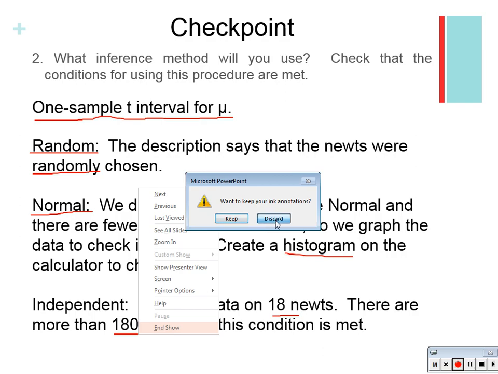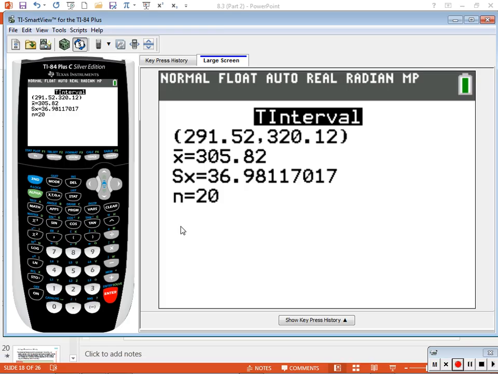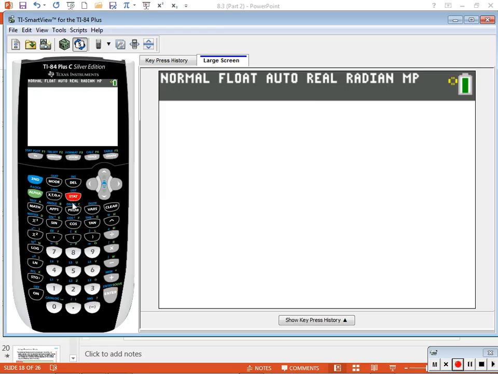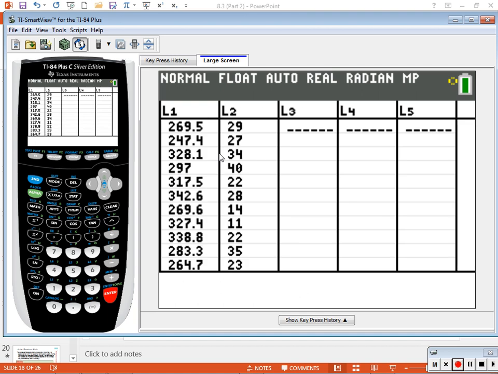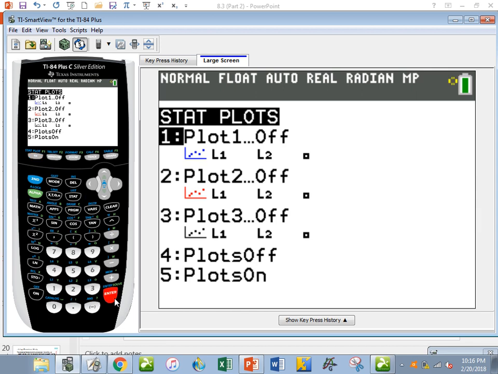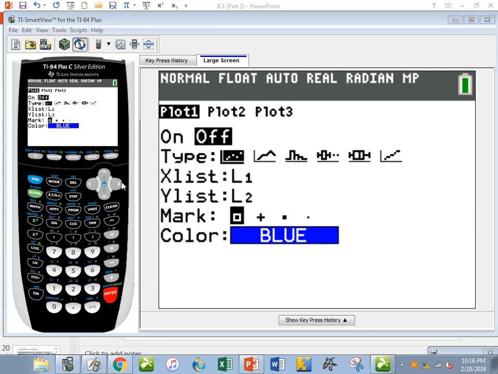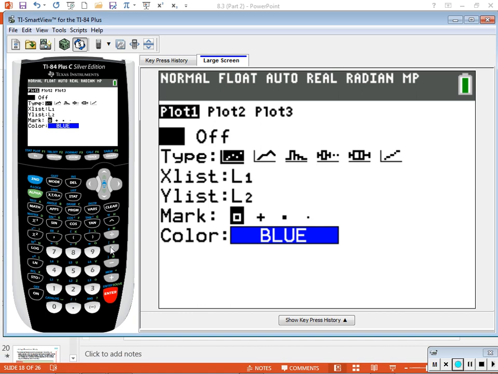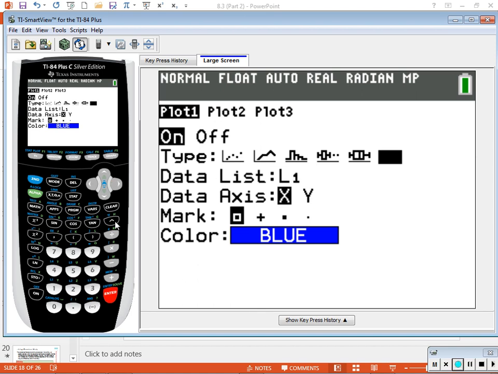So if you come back to your calculator again with this, I put these data values in L2, if you notice here. What I'm going to do first is go to the stat plot screen, and I'm going to put this with a normal probability plot, and I want to see if this gets me a graph that's roughly linear.